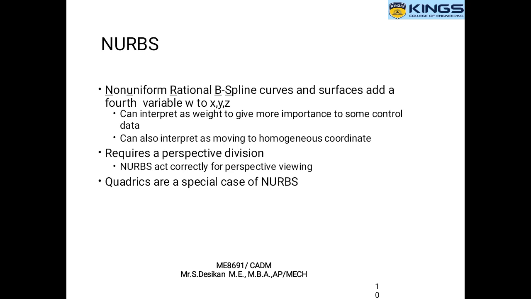Whatever it may be, the variable may be named with any alphabet except x y z. And NURBS has a perspective view, that means three-dimensional or quadratic views, used to define the B-splines.